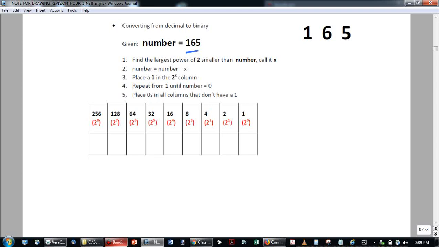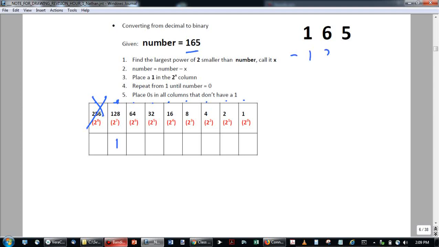So let's have a look at it. We've got 165. If I look at my powers of 2, I've got 1, 2, 4, 8, 16, 32, 64, 128, 256. So 128 is still smaller than 165. You would agree with that, right? So 256 is too big. Do I need a 256? No. There will not be any 256s in my answer. It's too big. So what's the biggest thing that will be there? It'll be a 128.